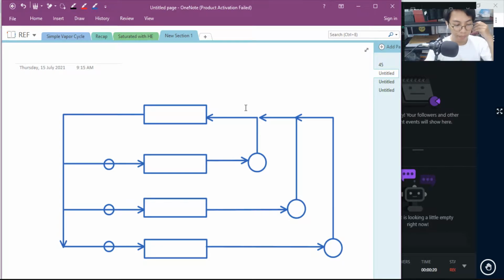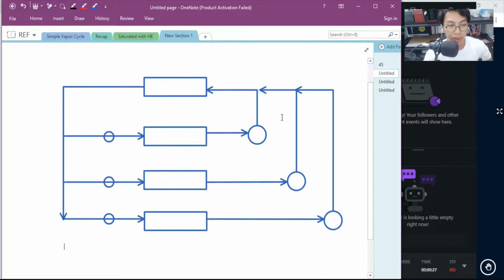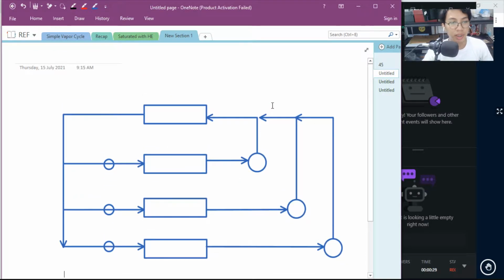You have 3 evaporators and then 3 compressors and then 3 expansion valves. You have here a condensing temperature of 40 degrees Celsius of ammonia as refrigerant.